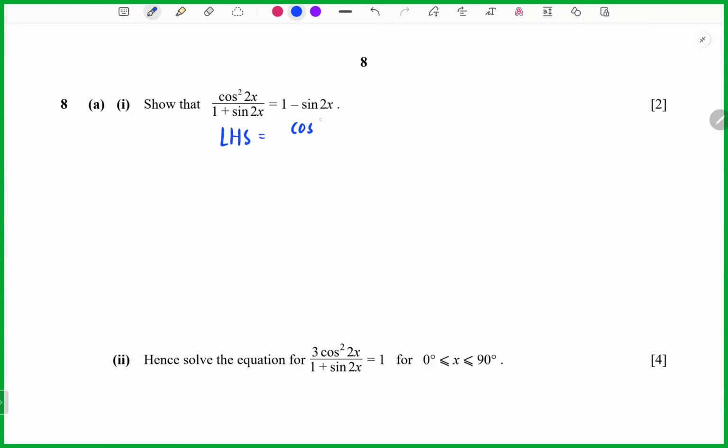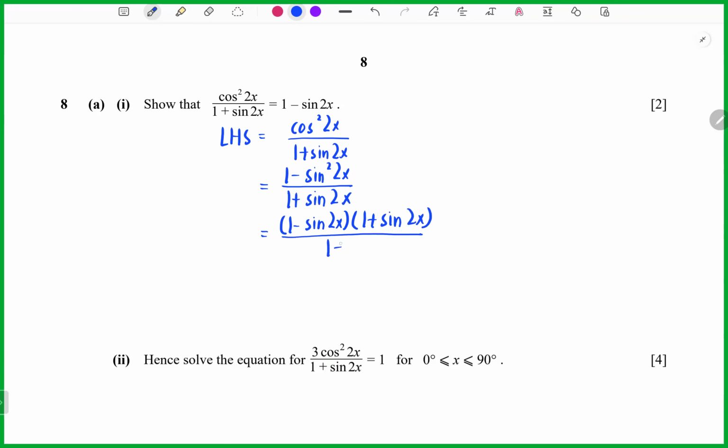Cos^2 2x over 1 plus sin 2x, I change to 1 minus sin^2 2x over 1 plus sin 2x, which equals (1 minus sin 2x)(1 plus sin 2x) over 1 plus sin 2x.